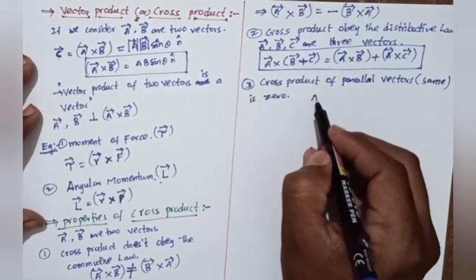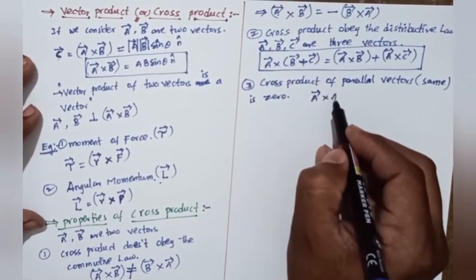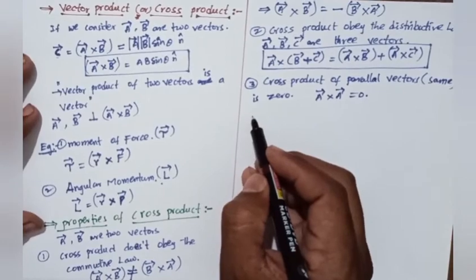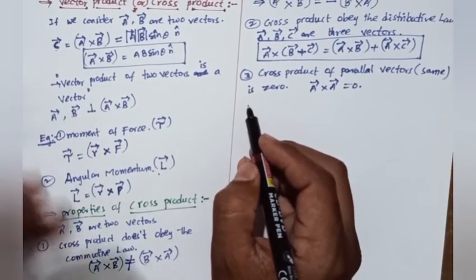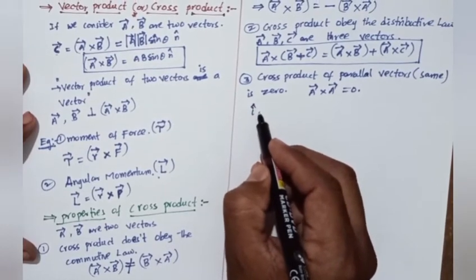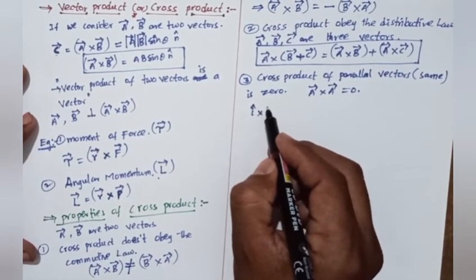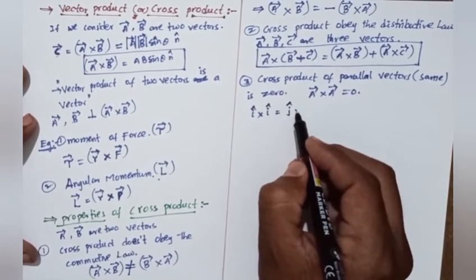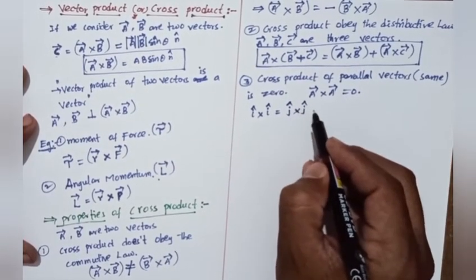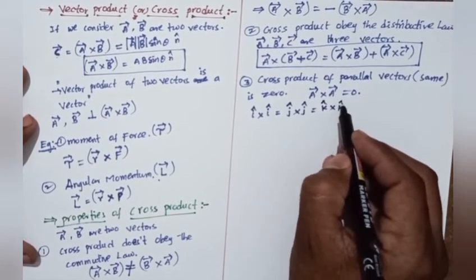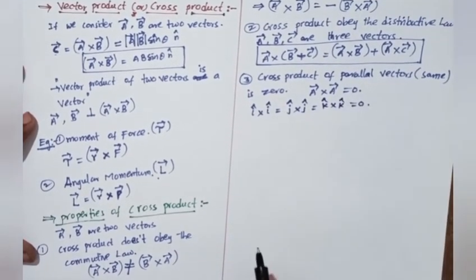That means A bar cross A bar equals 0. For the unit vectors, I cap cross I cap, J cap cross J cap, and K cap cross K cap all equal 0.